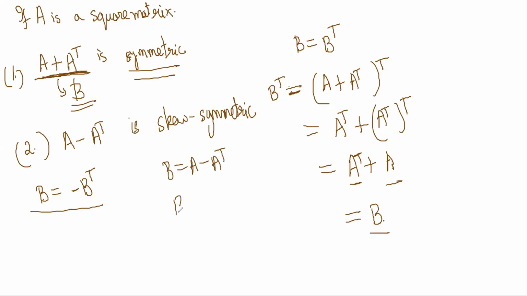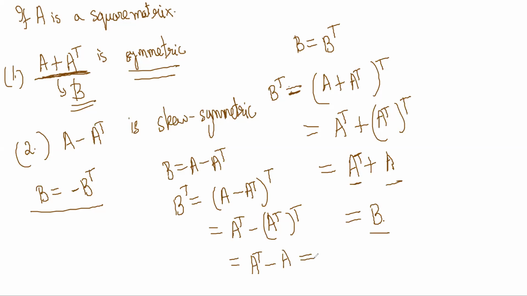So let's take the transpose of this. That is A minus A transpose transpose, which is equal to A transpose minus A transpose transpose, which is equal to A transpose minus A, which is equal to minus of B. So we have shown that B transpose is equal to minus of B. So this matrix is definitely skew symmetric.